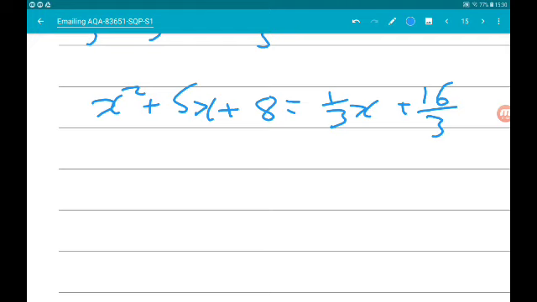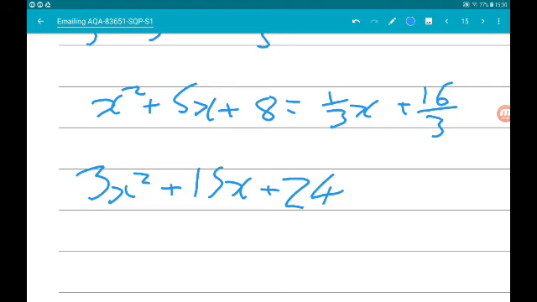So we get 3x squared, add 15x, add 24 is equal to x, add 16.